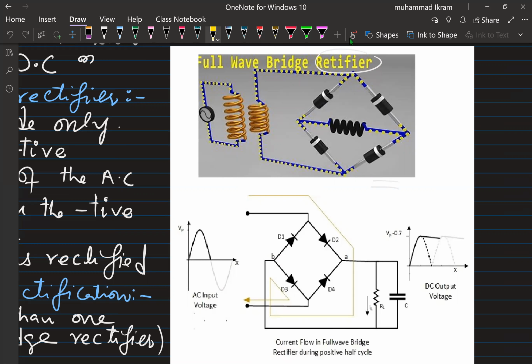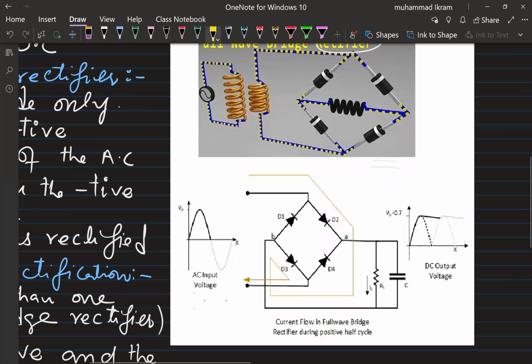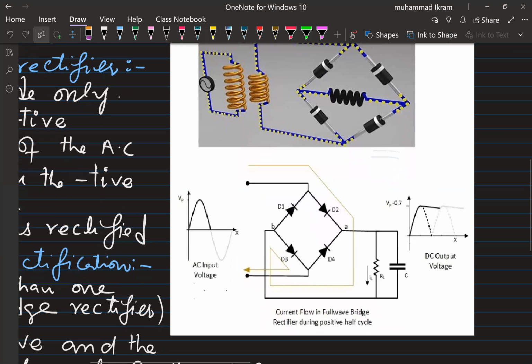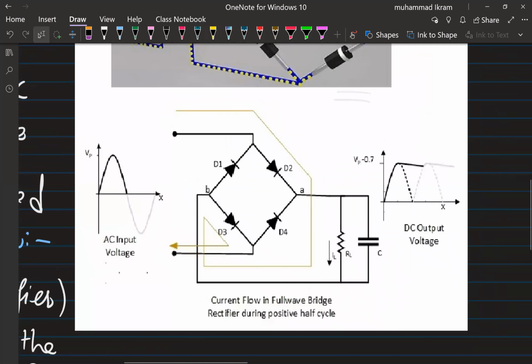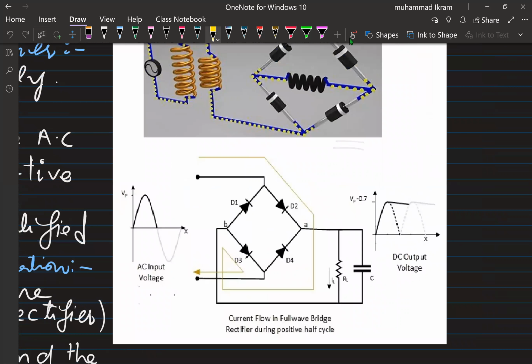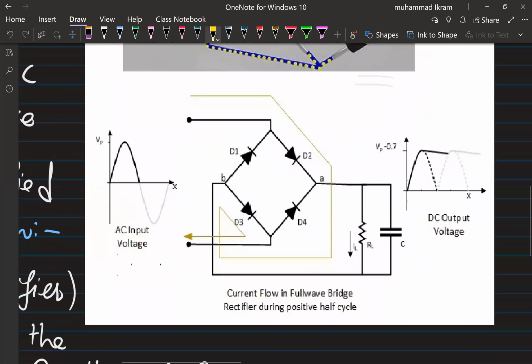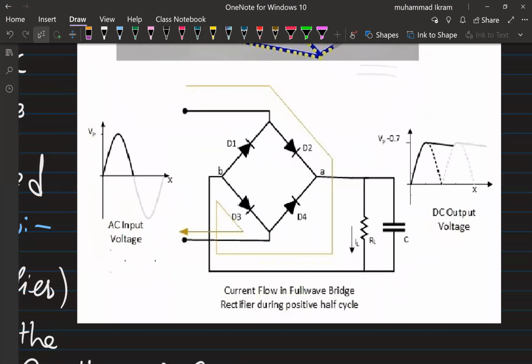Now look at how it acts. Here both the positive half cycle and the negative half cycle are allowed to pass through, and let me explain this to you. Again, this is the load resistance.